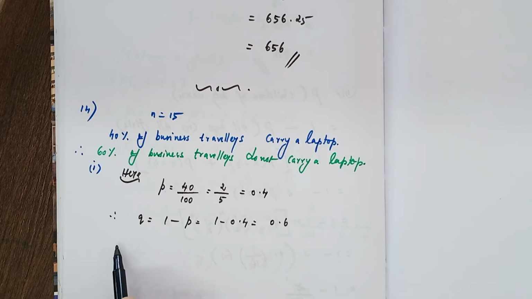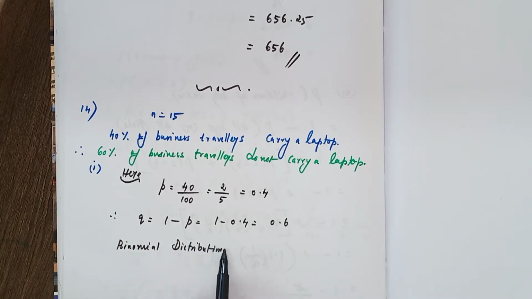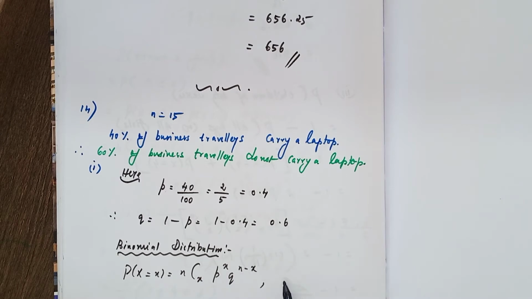Now binomial distribution. Probability of capital X equal to small x is equal to nCx into P power x into Q power n minus x, and x can take the values 0 to n.